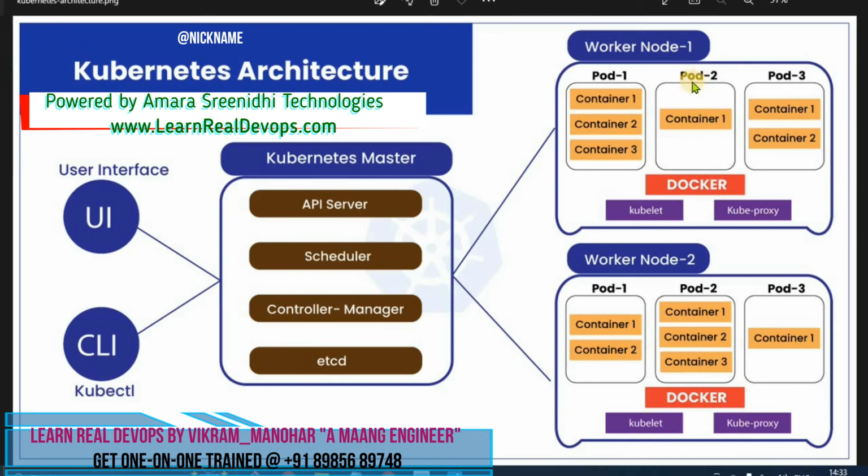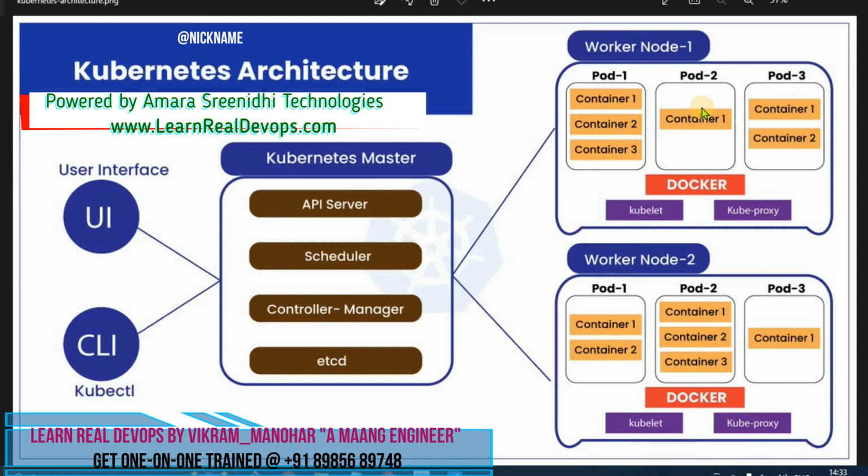If you want to communicate with an application running inside a container, you are going to access the pod, and the pod will redirect to the container, and inside the container you will have your application running. In Kubernetes, anything that you are going to start or stop is nothing but the pod. So you will start the pod, you will stop the pod, and inside the pod you will have the container.